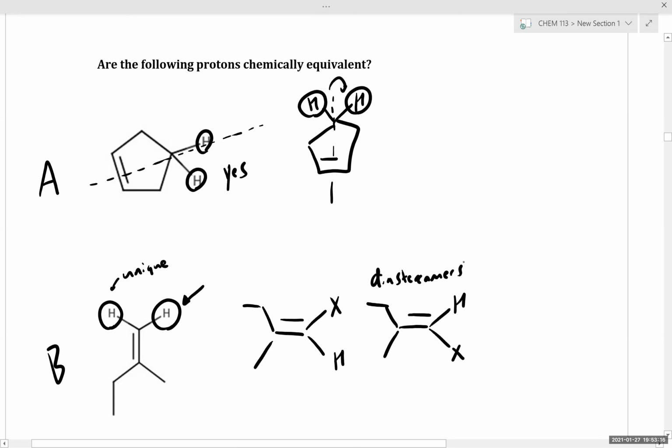So as a result, these two protons would be unique because they are diastereotopic. Okay. Does that make sense? Yes. Any other questions on these first two examples?